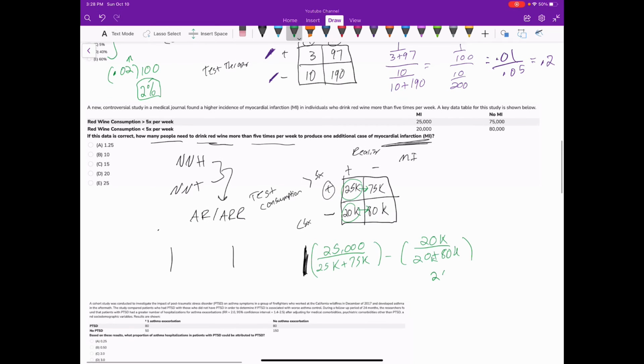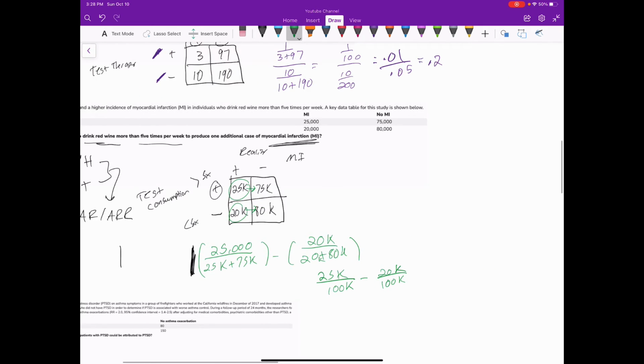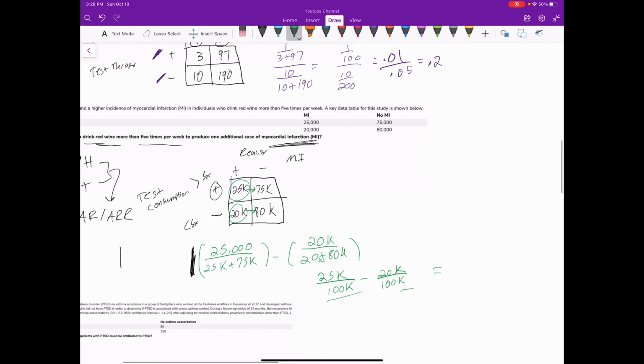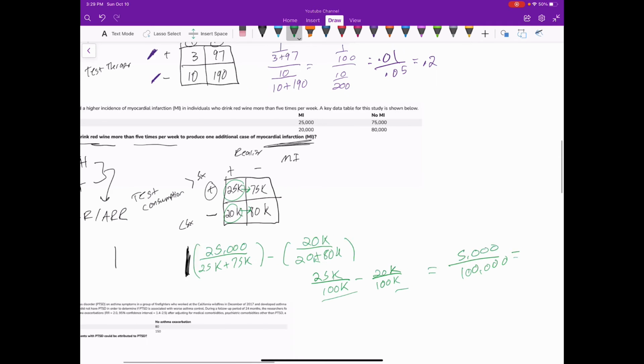We're going to have 25K over 100K minus 20K over 100K. Okay, well, this math I know how to do because it's the same common denominator. So we could do 5,000 over 100,000. And we probably could reduce, but we have a calculator in the test. Let's just use it. Why not? 5,000 over 100,000. What do we get? We get 0.05.